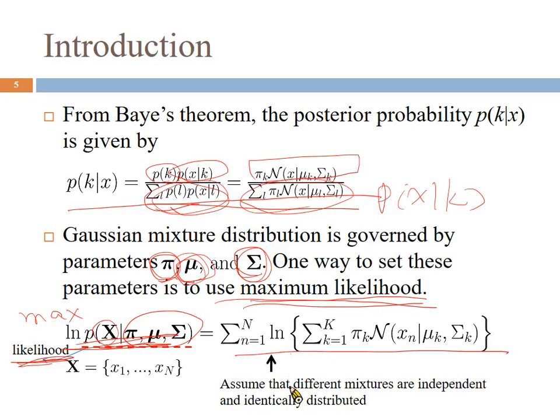Okay, so we can assume that different data points are independent and identically distributed, so that if we take the log, we can sum the log value of each term. Okay, because we assume that they are independent and identically distributed.